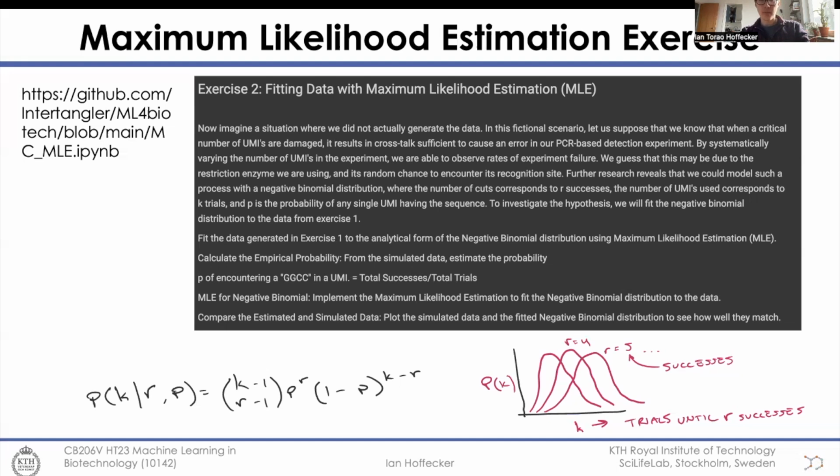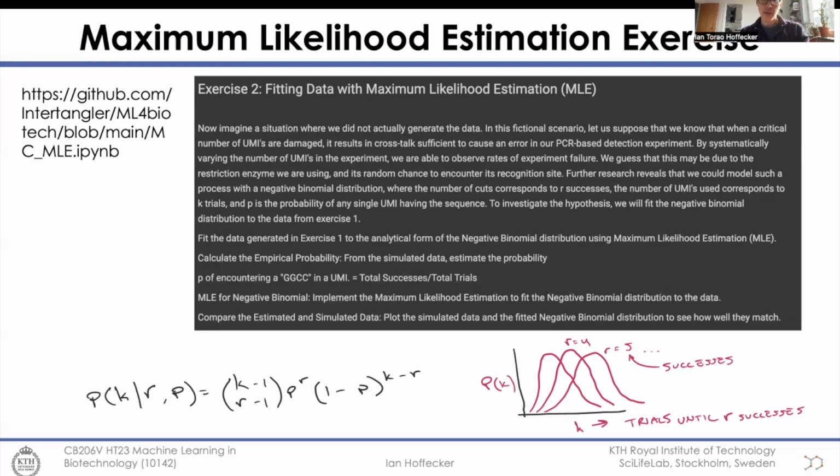If they can get cut 5 times, then we decided that this would be some sort of special threshold where something bad happens in the experiment. And so we're interested in how many UMIs you need to sample. In other words, what is the number of trials you need to encounter 5 of these cut events, or 5 successes in the language of probability distributions.